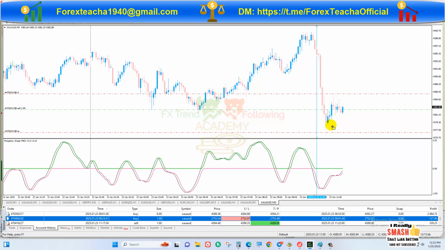But it can only stabilize if it comes back up, right? So in this case, I think if it comes around this range, it means we might not have to continue selling.